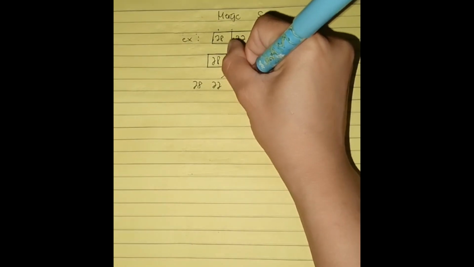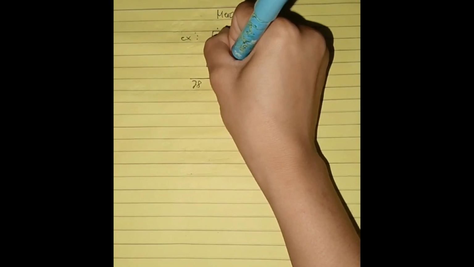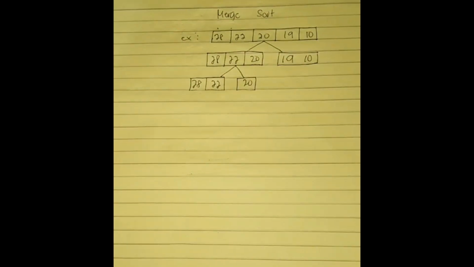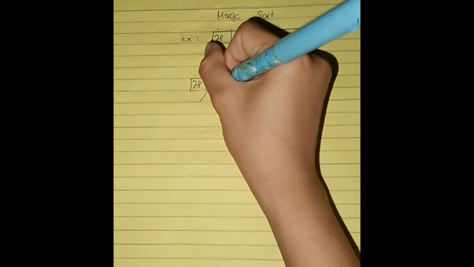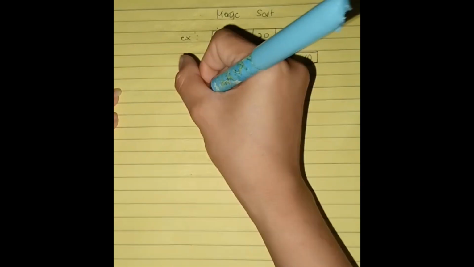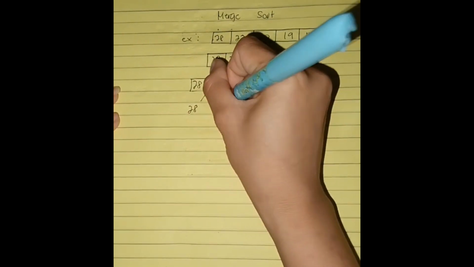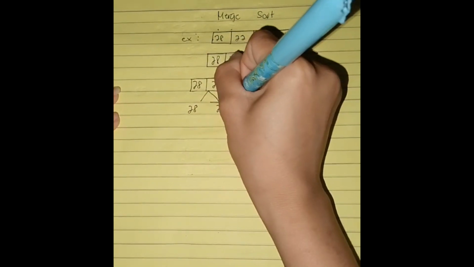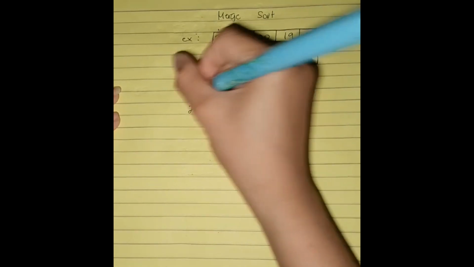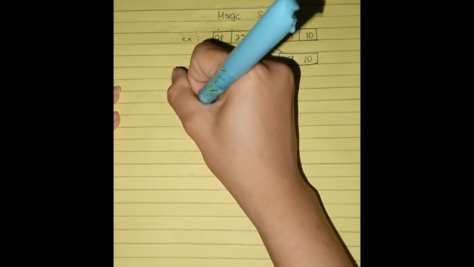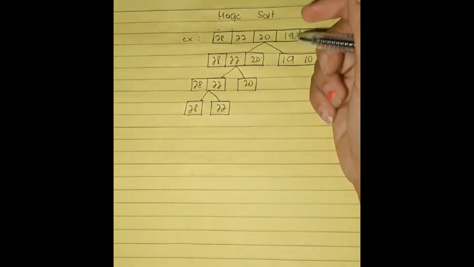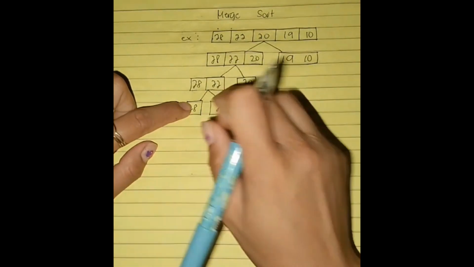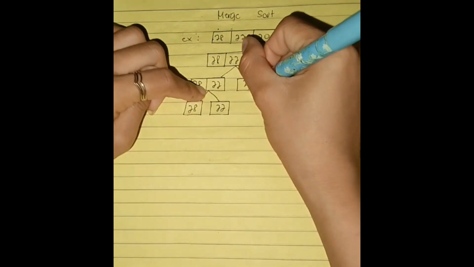Mas matimbang pa rin sa left. And then naman, i-divide naman natin dito si 28 and 22. Divide sa 28, 22. Dito dapat balance daw, kaya i-bring down na natin.